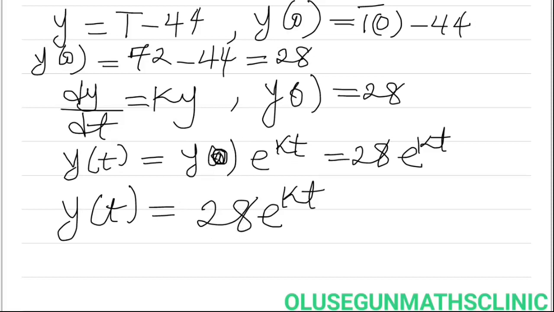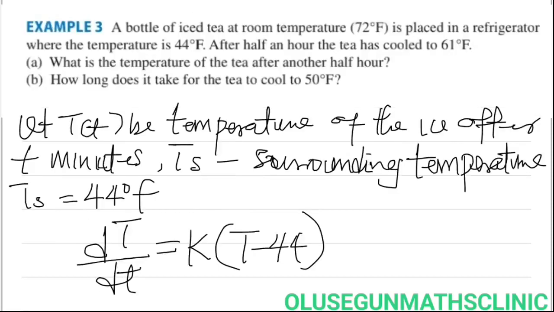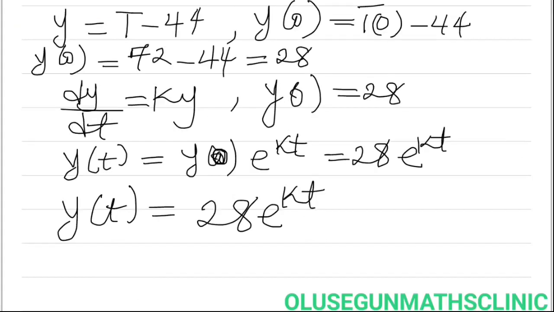But recall from the question, let's go back to what he said. After half an hour, the tea has cooled to 61 degrees. After half an hour means 30 minutes.